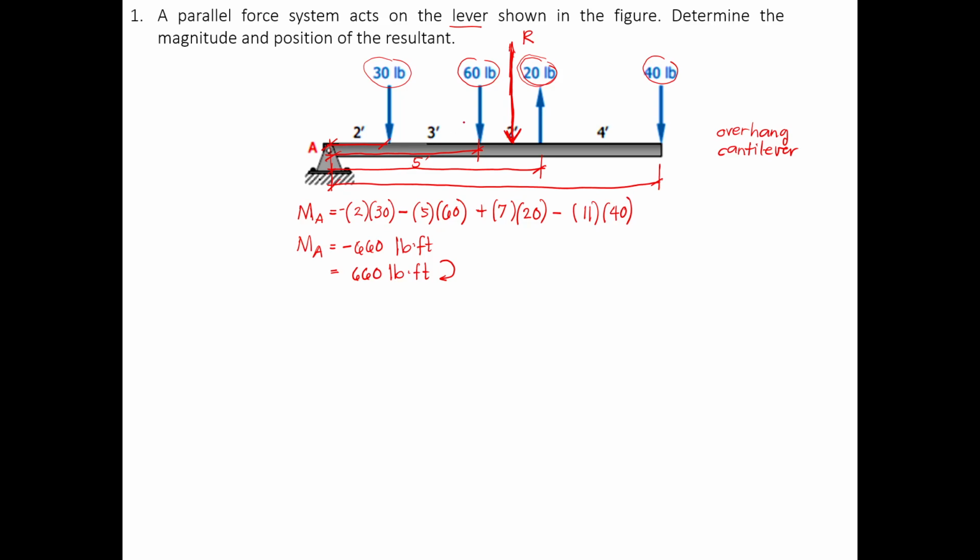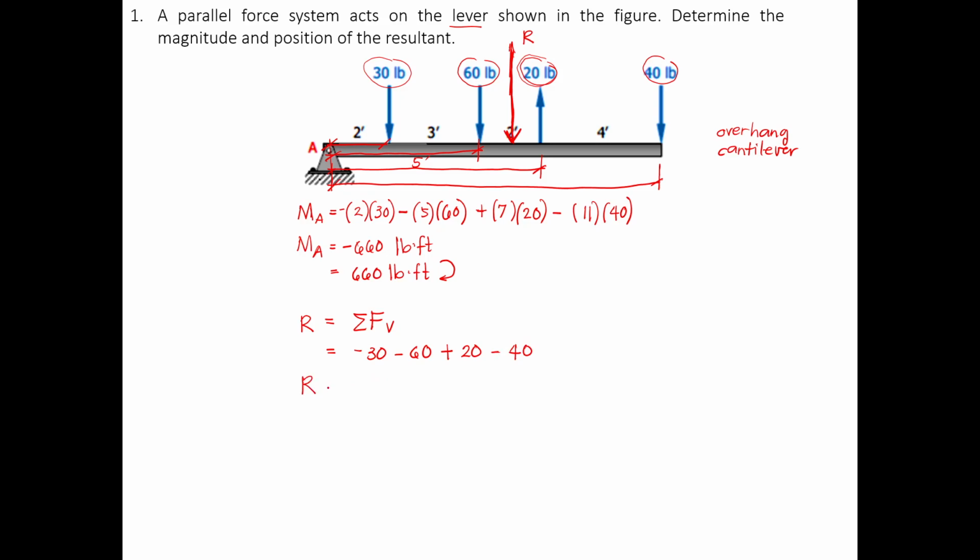Of course, how do we determine the resultant force? The resultant R is just the summation of the vertical forces. So that will be negative 30 since it's going down, negative 60, plus 20, then minus 40.